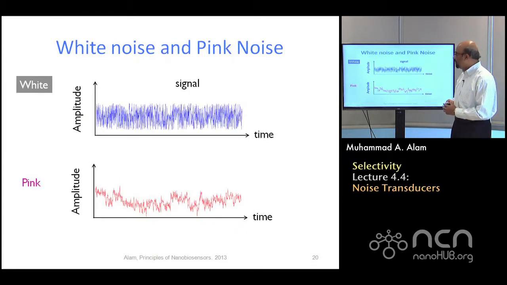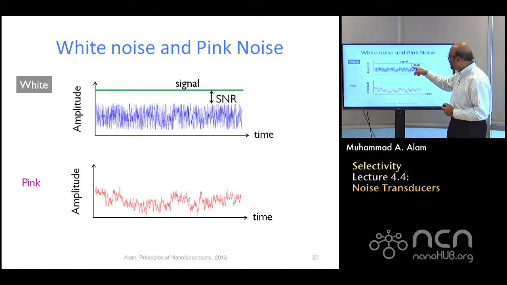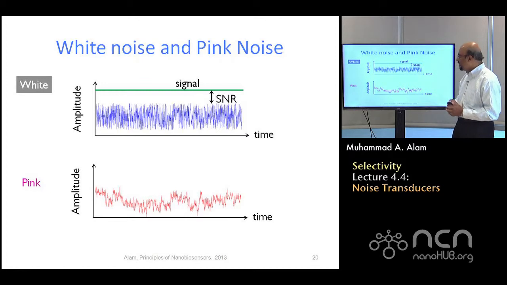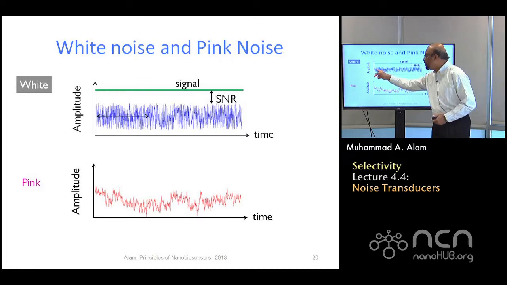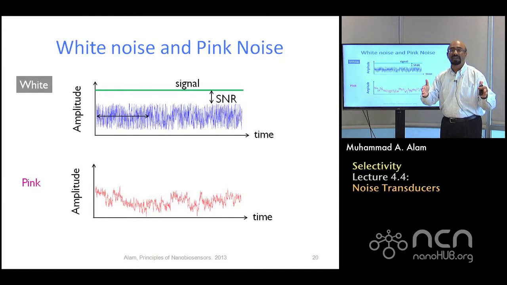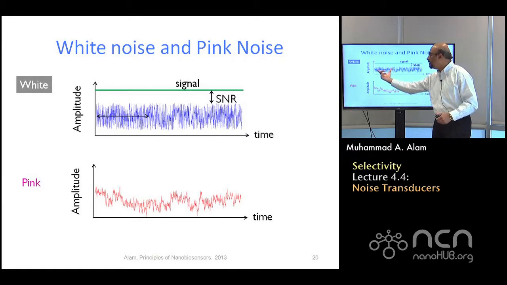So let me give you an example. For example, here for the white noise we have a spectrum, and for a pink noise, let's say we have a spectrum pretty bad, the magnitude is quite high. But instead of staying with it and being sort of frustrated that the signal to noise ratio is defined by the maximum value of the noise associated with the signal, what we can do is take an average of, let's say, 100 samples or 200 samples, 500 samples, the window.